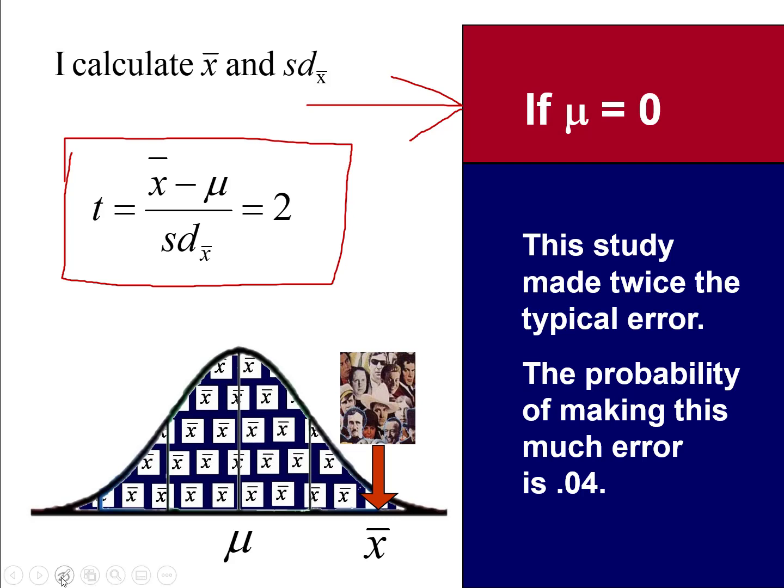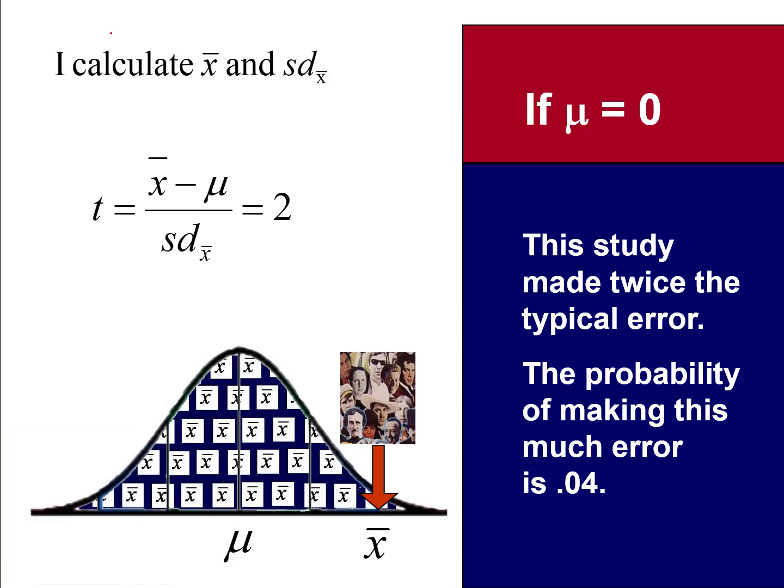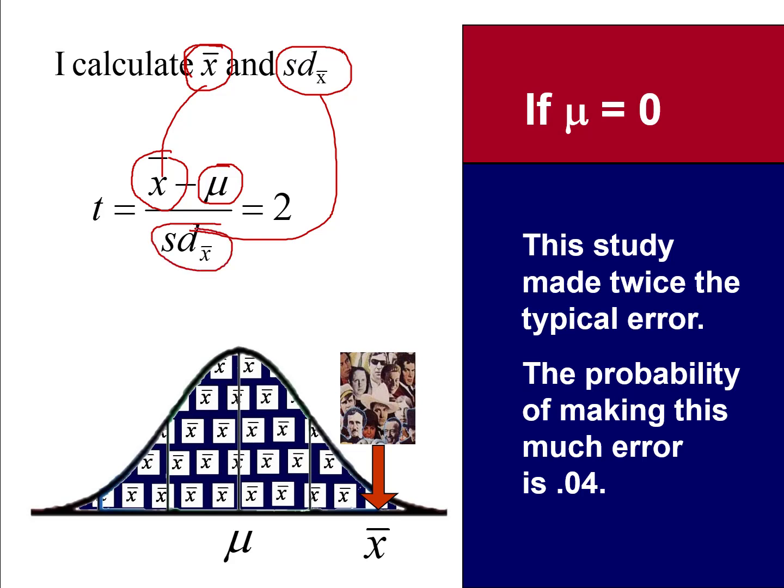So, for example, say I do a study and I calculate a mean. I get a sample of people and calculate a mean, and then I use the size of my sample to estimate the standard error of the mean, and then I plug these values into my t formula here. I take the mean from my sample, subtract from it the true population parameter, which I simply assume is 0, and then I divide that by the standard error of the mean that I estimated, and I would get a t-value.